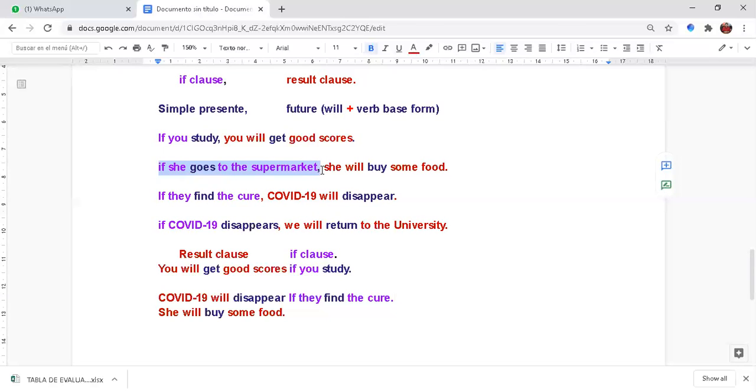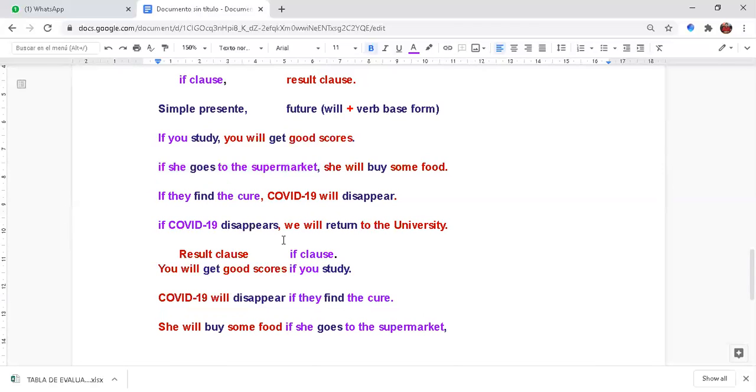This is another example: she will buy some foods if she goes to the supermarket. In the three examples, I am beginning with the result clause, and at the end the if clause, the condition.